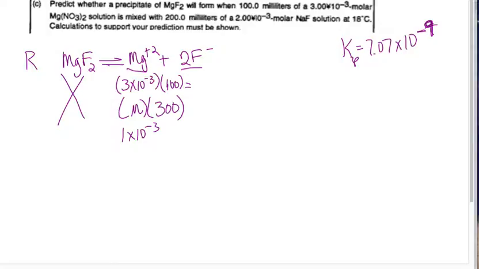2F, I won't be able to do this one in my head. We have 2 times 10 to the negative third molar, and it's 200 mils of it. What's its new concentration at a total volume of 300? So what's my F concentration?